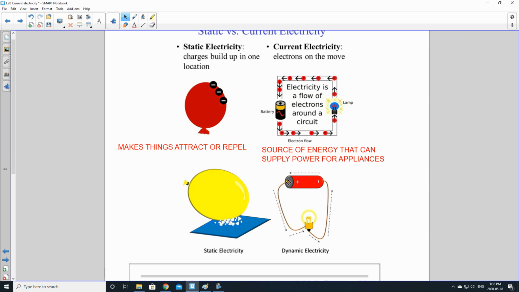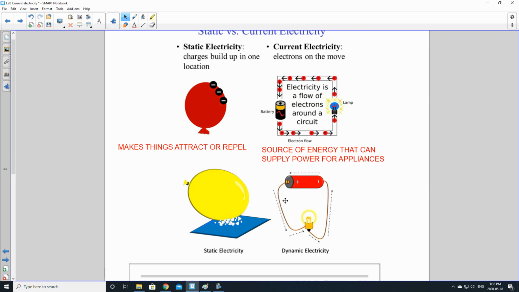For example, we've connected a light bulb with wires to a battery. There's an energy conversion, and it actually powers up the light bulb.